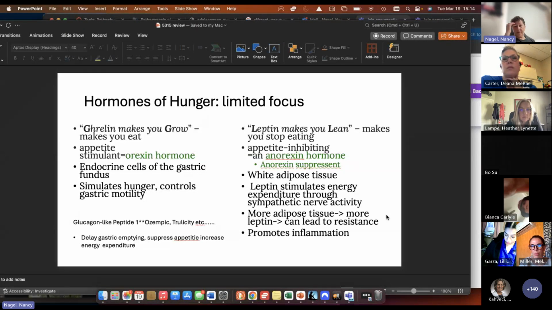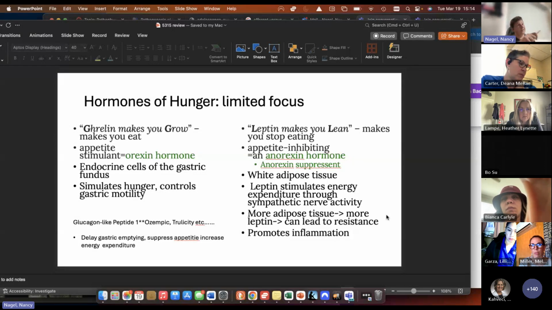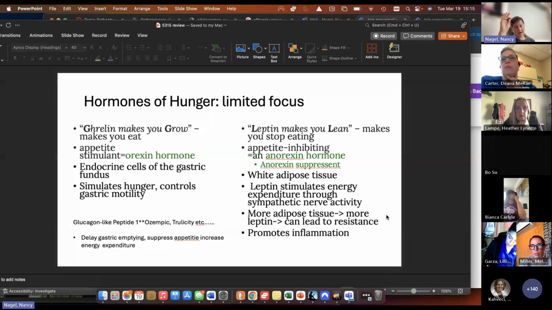Now, on the other side, leptin makes you lean. Don't totally swallow this 100%, but if it helps you remember that, that's great. One of the things you have to consider is, even though it is an appetite suppressant, it's made in our adipose tissue, and as we become obese, we obviously have more adipose tissue, right?